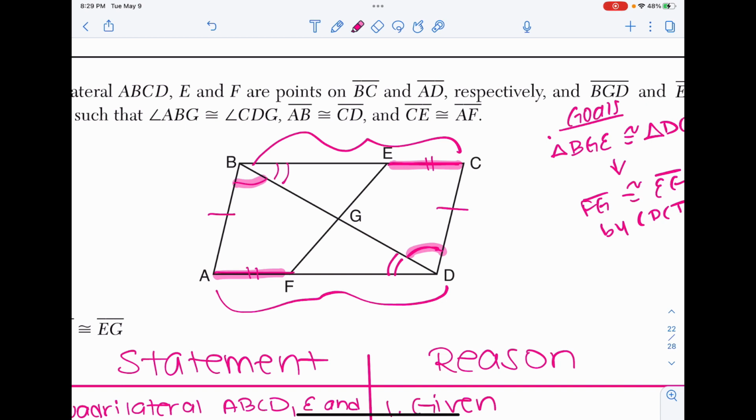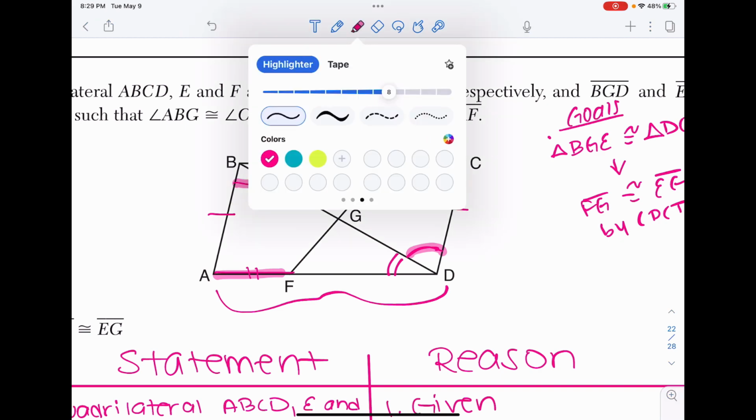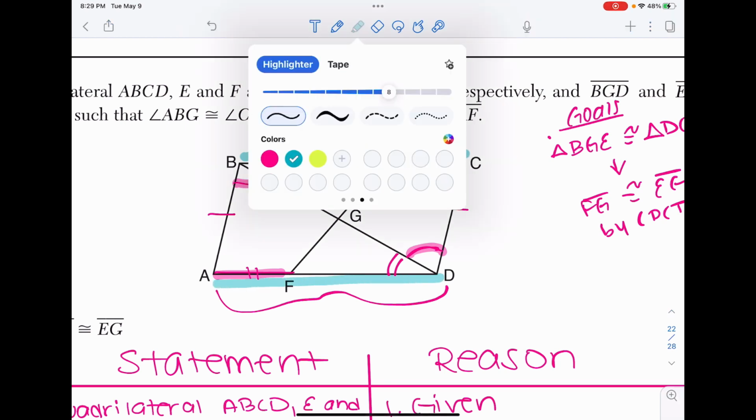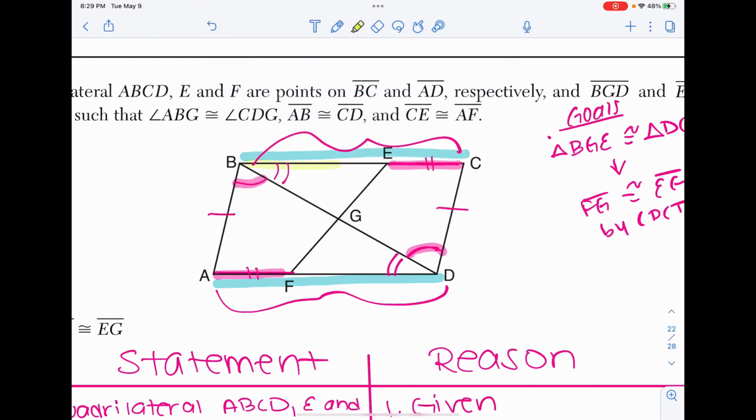If we know the whole segment BC is congruent to the whole segment DA, and we know CE and AF are congruent, if we subtract them, BE and DF are going to have to be congruent. Okay? So it's like if I say these two blue pieces are congruent, the two pink pieces are congruent, then by subtraction, these two green pieces must be congruent. So we have to figure out, how do we actually write that?